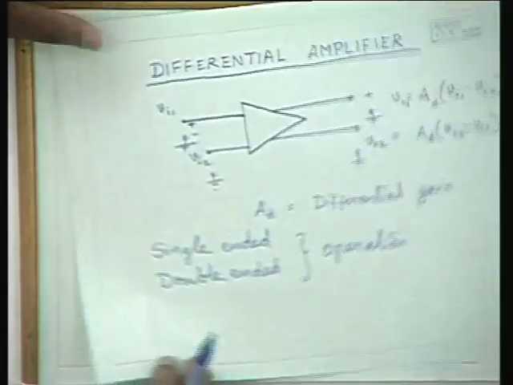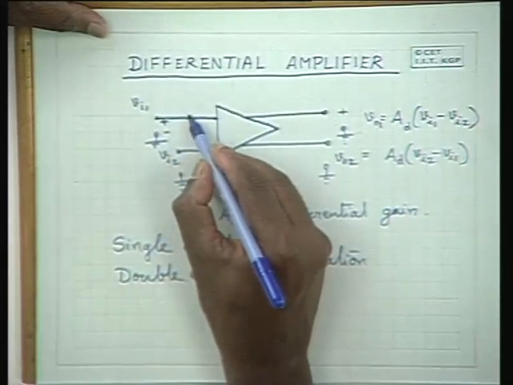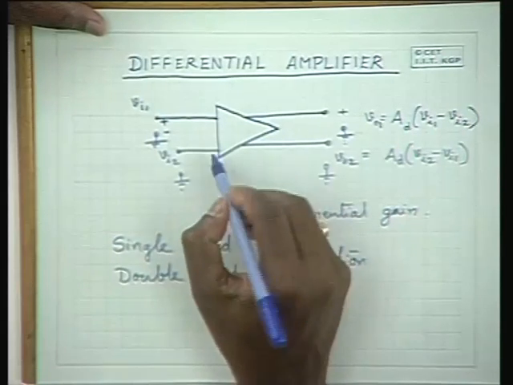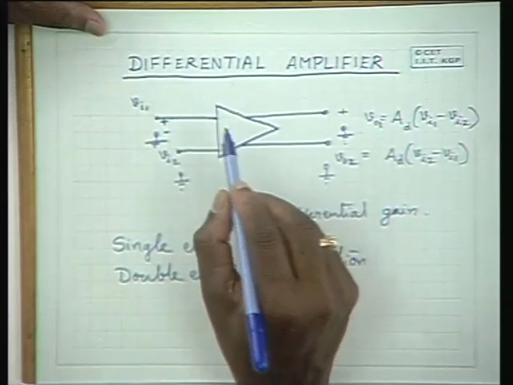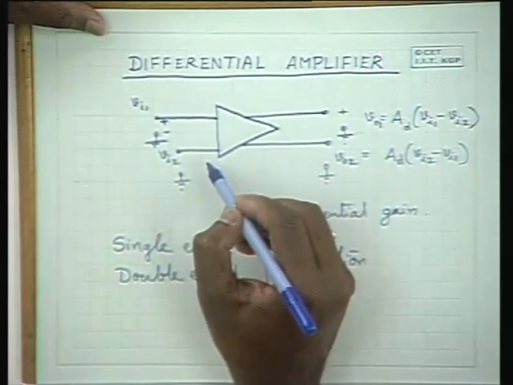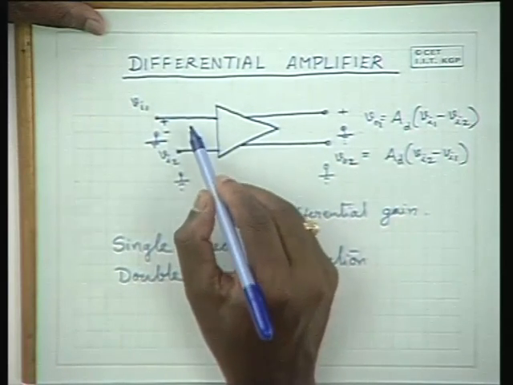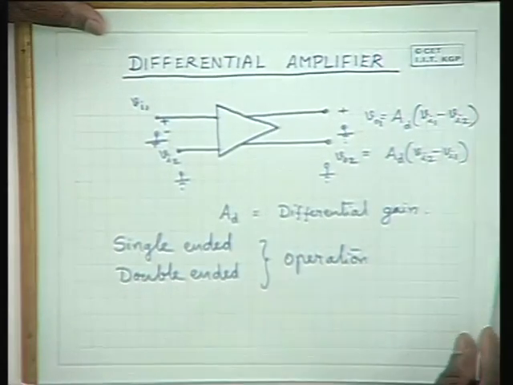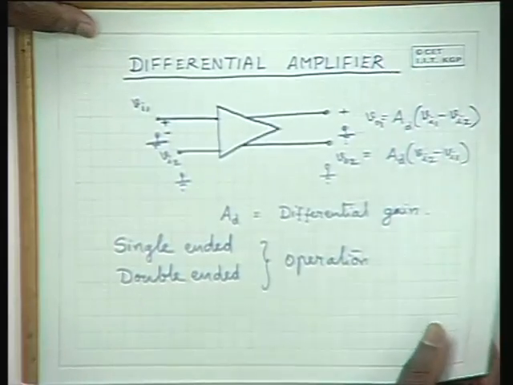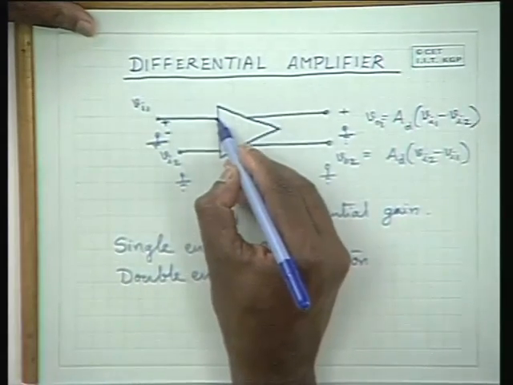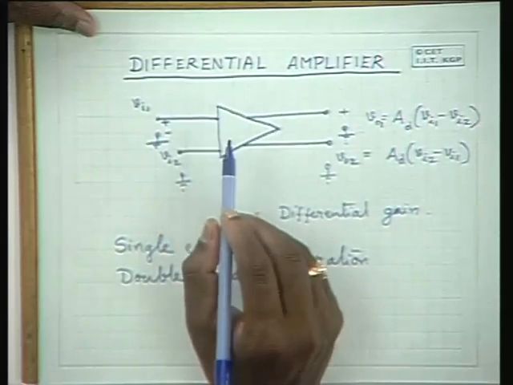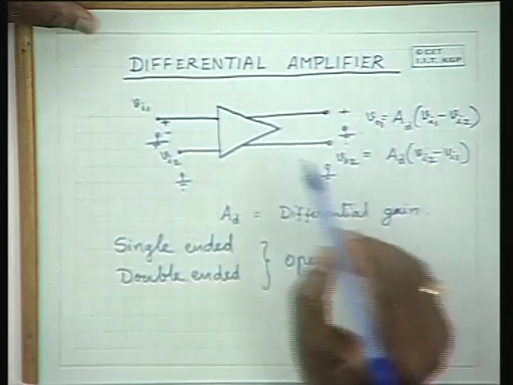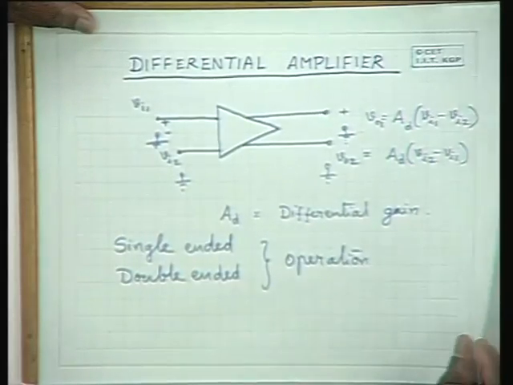If one input is plus 1 and the other input is minus 1, the difference signal is 2 volts, whereas the common mode signal is 0. 1 minus 1 is 0, by 2 is equal to 0. Hence, given a difference amplifier, you can take measurements to find out how much is the common mode gain and how much is the differential gain.